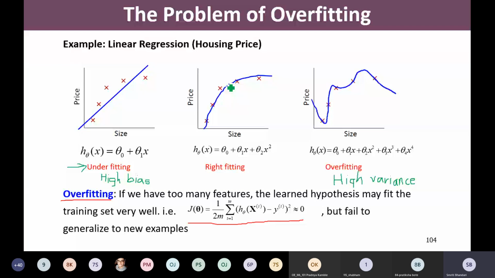And if we go further for another hypothesis, which here is a high-order polynomial, a fourth-order polynomial, then it is possible that every sample is covered by this hypothesis. We have a very complex function, and it is possible that we come up with an error that is almost zero. So obviously we may think that this hypothesis is really better because the error is zero.